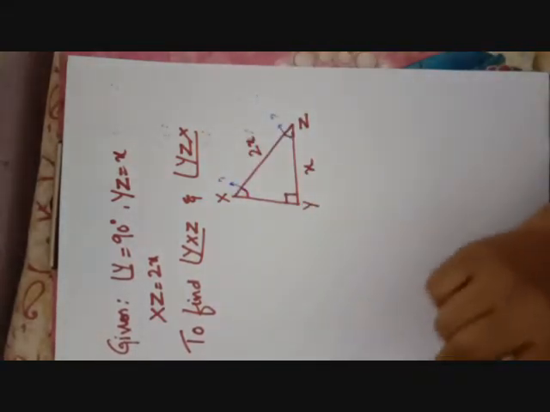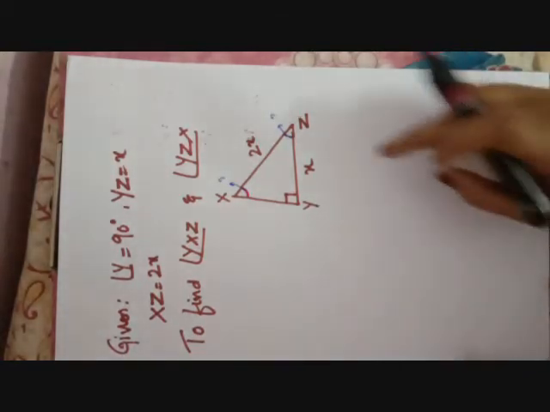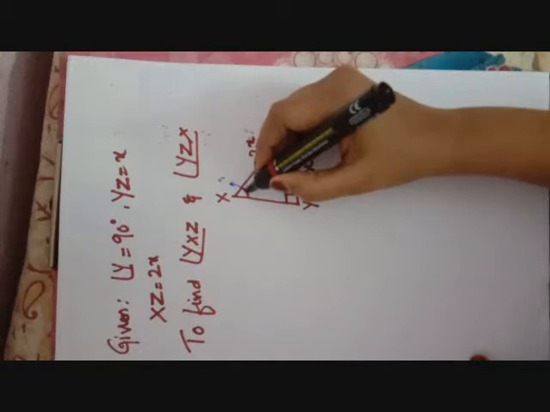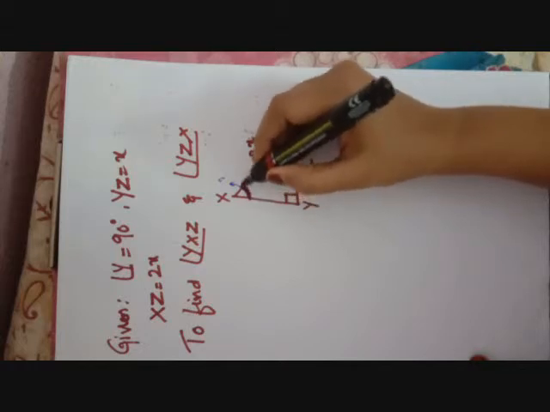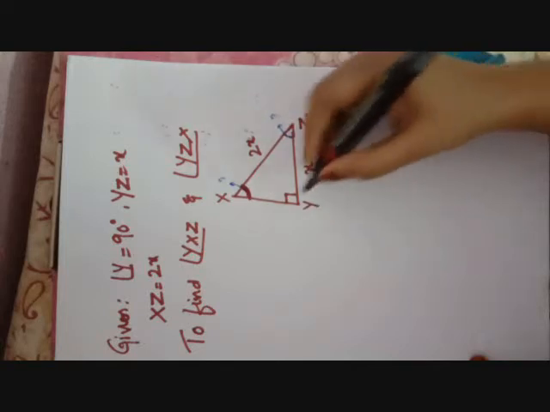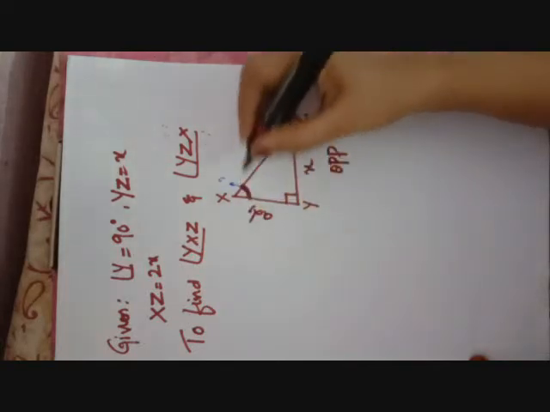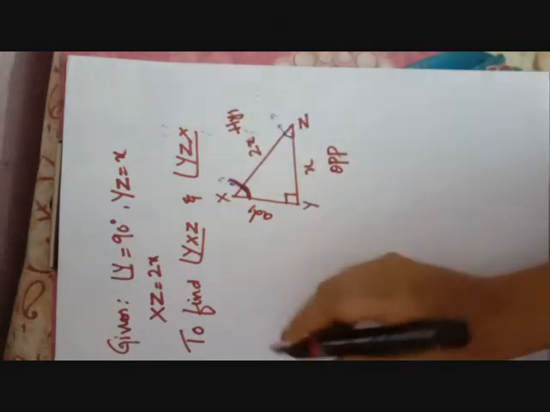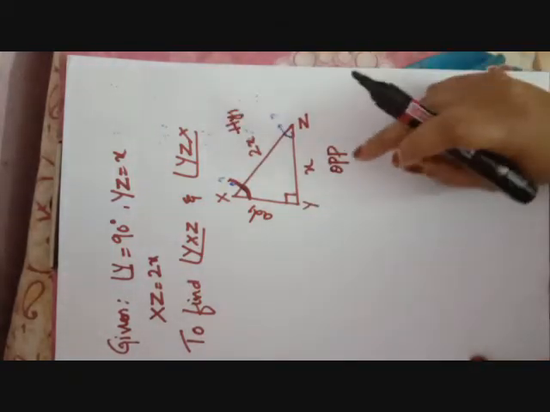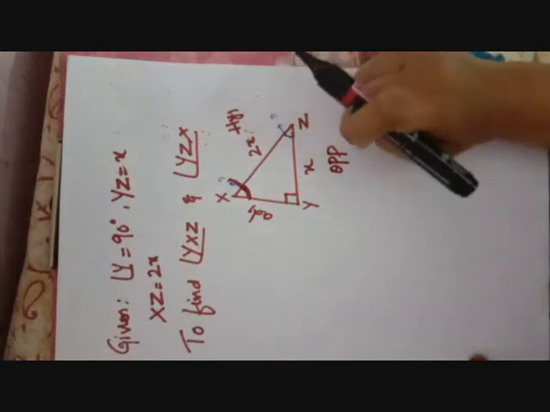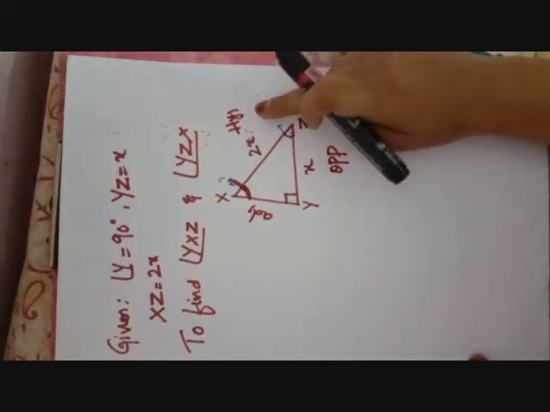Now, how to find it? What is given? If I consider angle x, this is my opposite, this is adjacent, and this is hypotenuse. I am considering angle x. Opposite is given and hypotenuse is given.